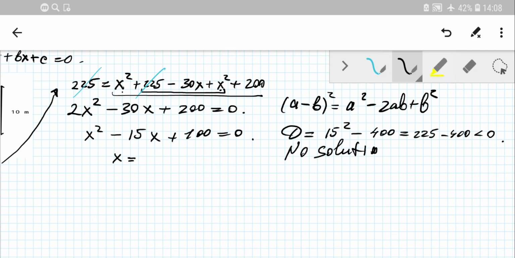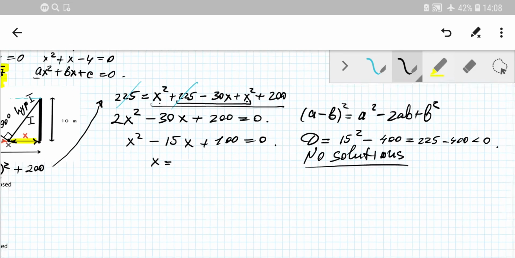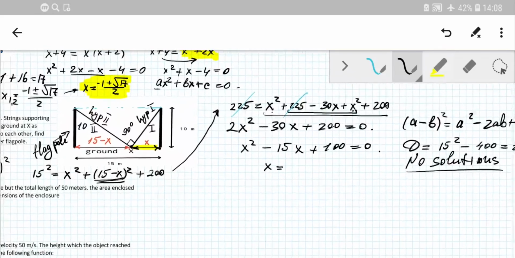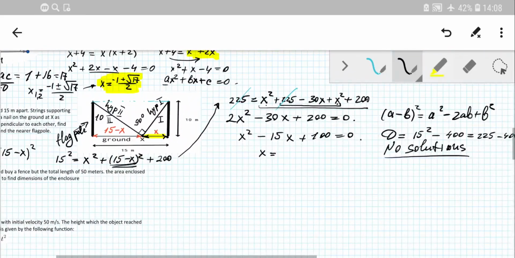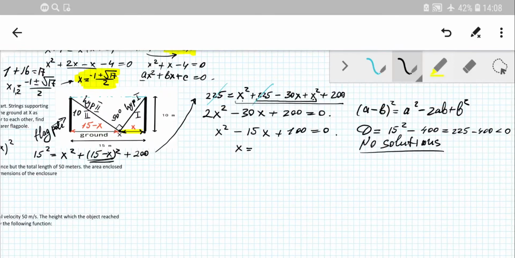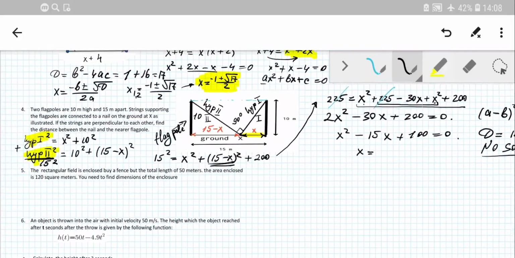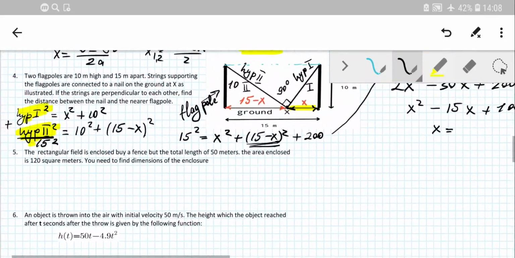No solutions. Within the given task and conditions, we're not supposed to solve that. In other words, there are no values of x that give us a solution for that task. That's a little bit weird, but this is impossible.